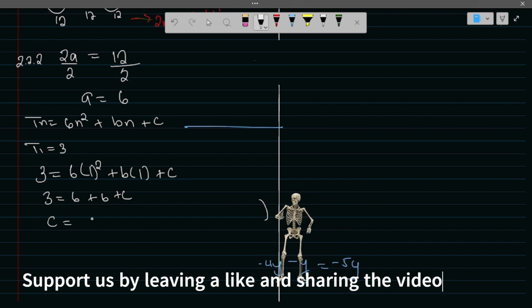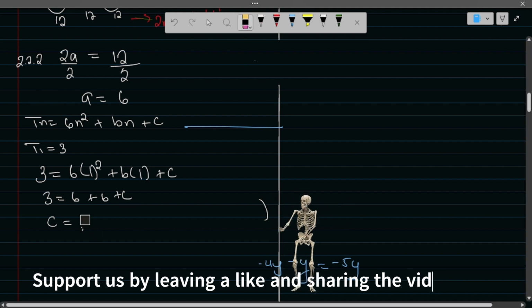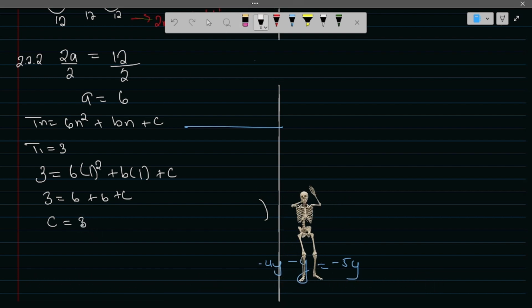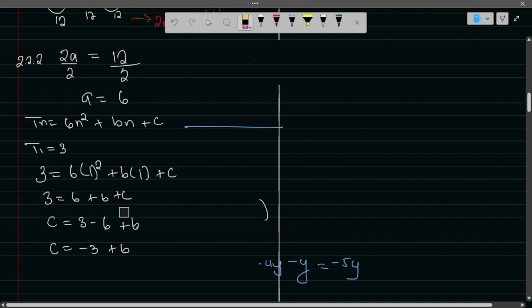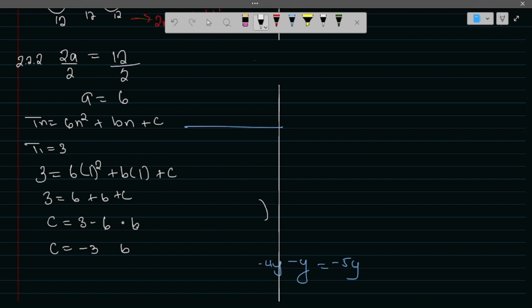So c equals 3 minus 6, so c equals minus 3, and then minus b, because we took b over the equal sign. It's minus 3 minus b, right?